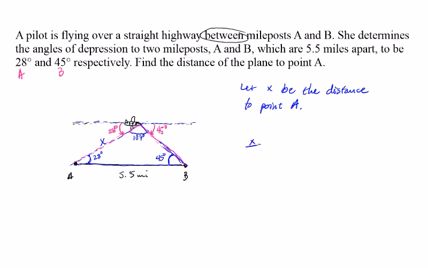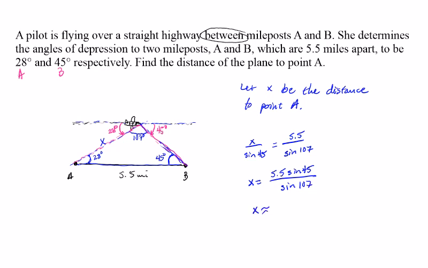So x over sine of 45 equals 5.5 over the sine of 107. So I'm going to multiply by sine of 45 on both sides. X is going to equal 5.5 times sine of 45 over the sine of 107.